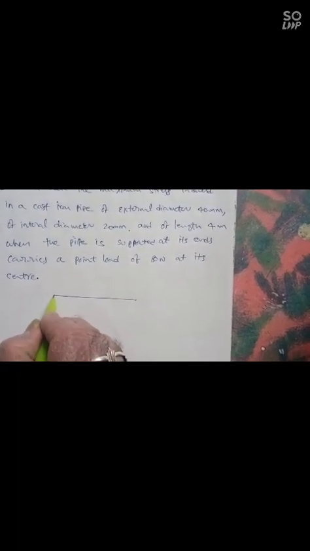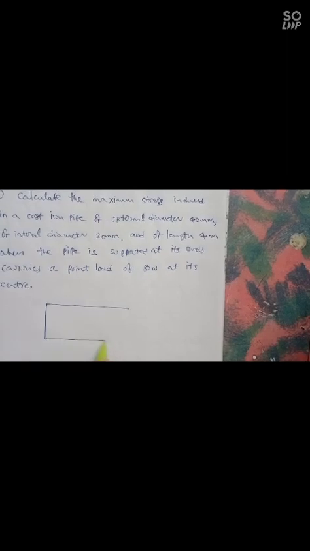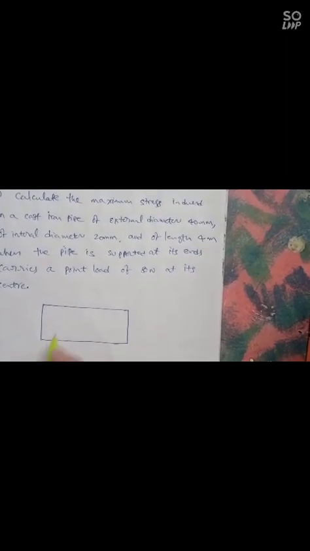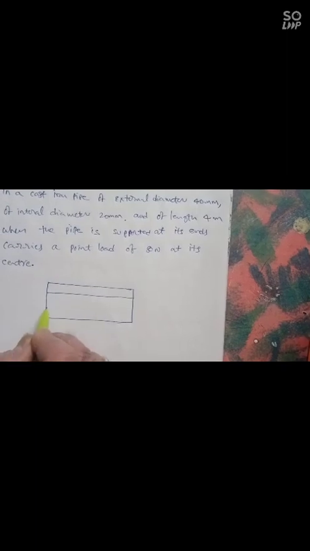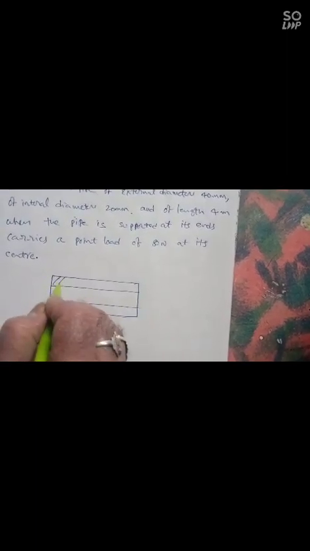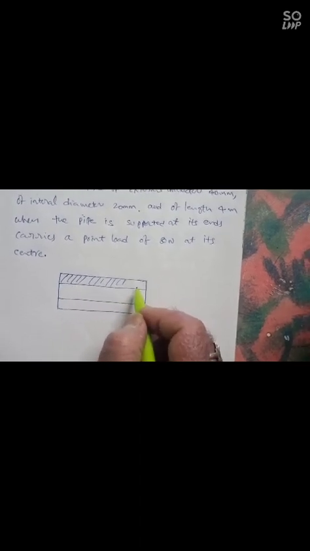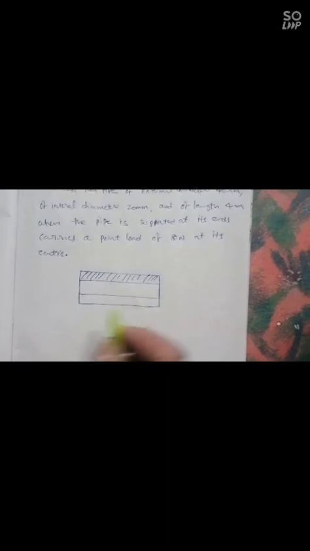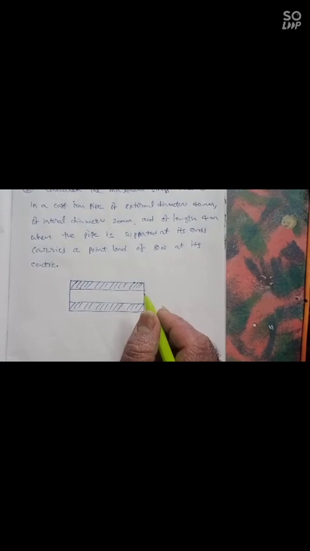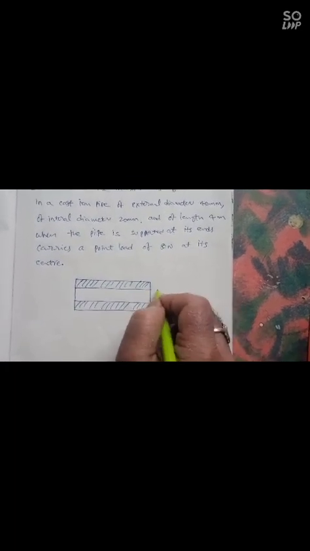Okay, suppose we consider the cross section of the pipe. Its diameter is 40 mm from outer to outer, and internal is 20 mm.